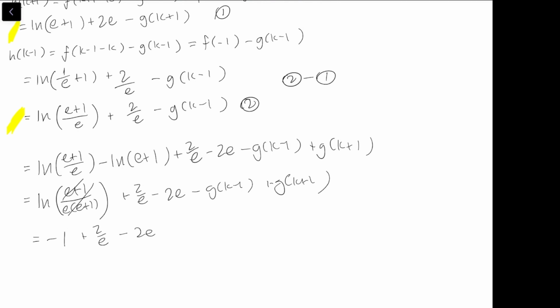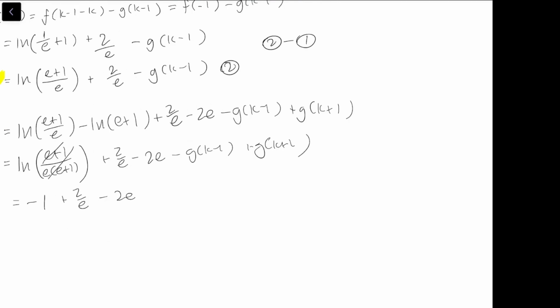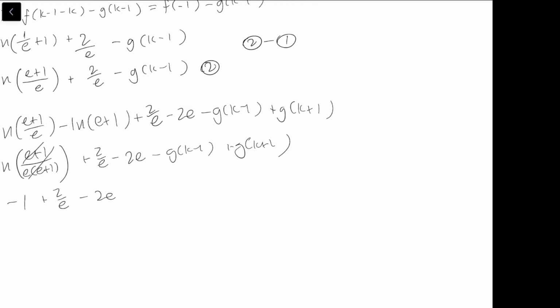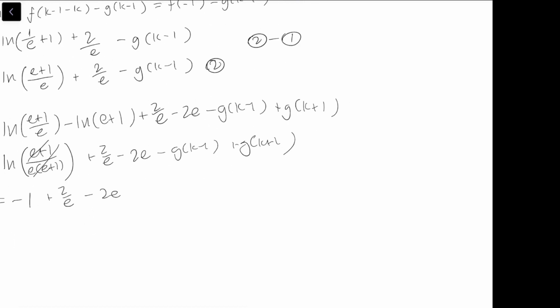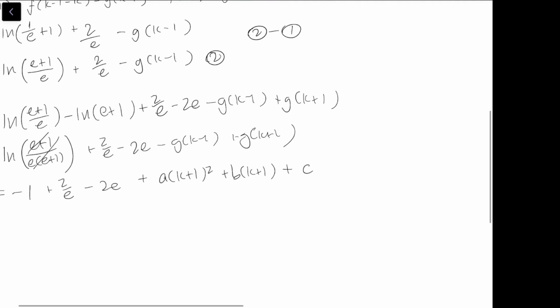And let's write this second bit as the general quadratic, since g of x is the general quadratic. So we have g of k plus 1 at the top: a(k plus 1) squared plus b(k plus 1) plus c. At the bottom we have minus a(k minus 1) squared plus b(k minus 1) plus c.